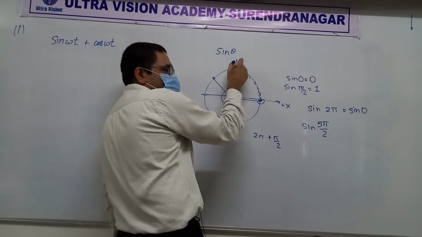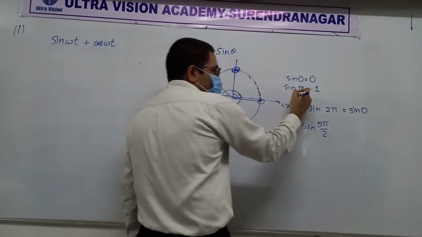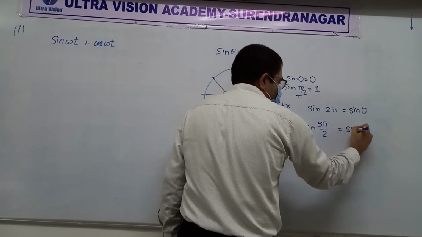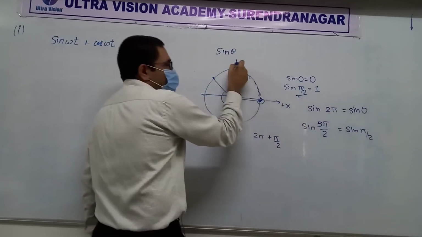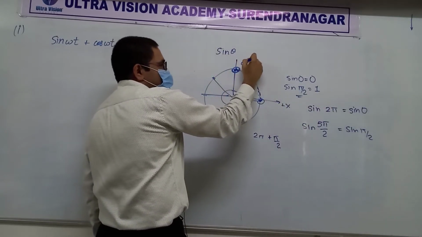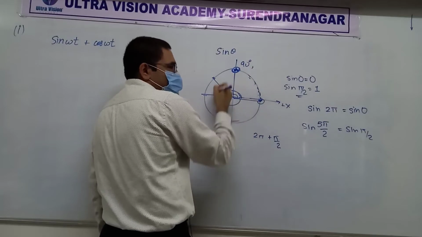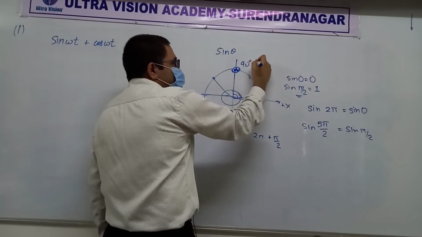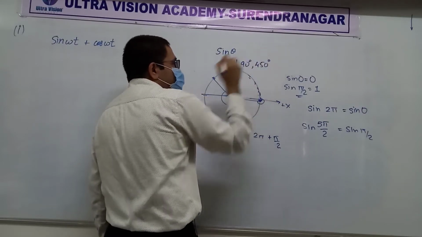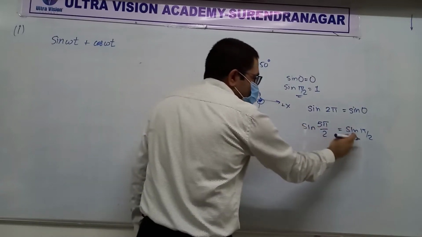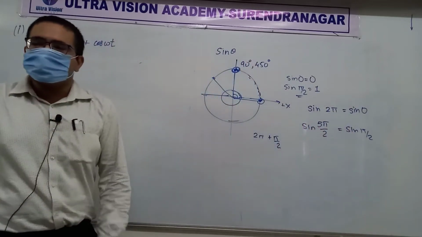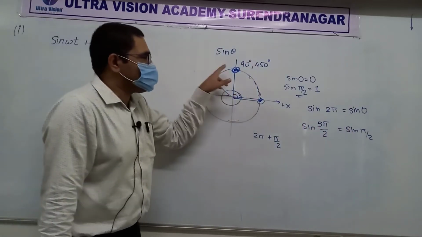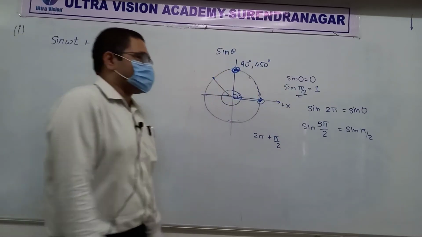For that you have to look at this point, but this point would give you the same value as sine pi by 2, because that's where we were at 90 degrees. So it is like 360 plus 90, that is 450. Once again we see the values are going to be repeated. This happens not just at one or two points, it's going to happen at every point.